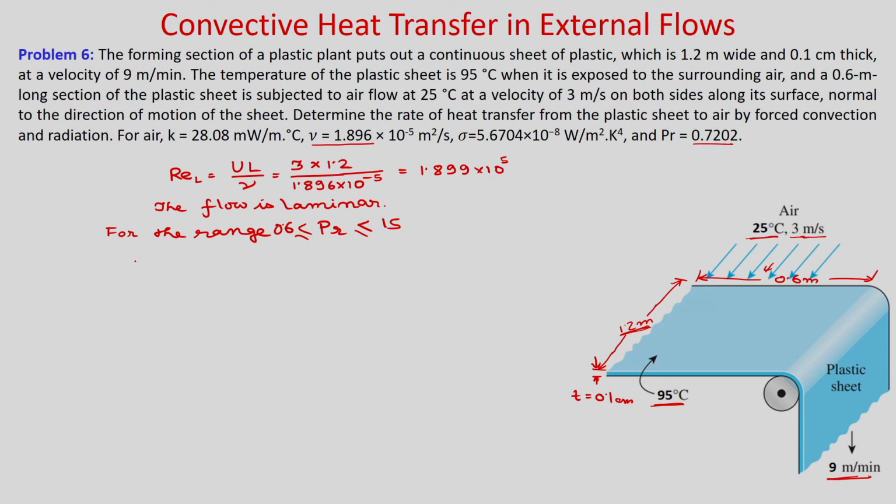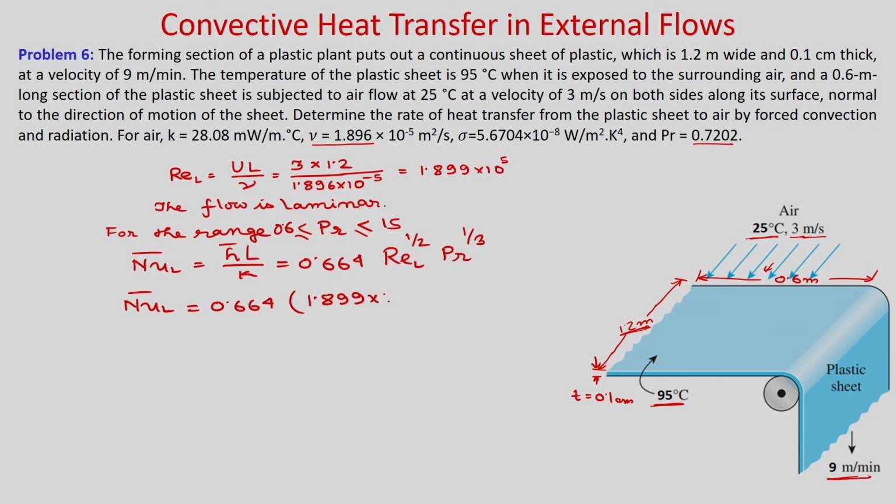So, we can use this average Nusselt number relation as 0.664 Re_L to the power half Prandtl number to the power 1 by 3. From here you will be able to calculate the heat transfer coefficient. Putting the values of Reynolds number and Prandtl number, it will be 0.664, Re_L is 1.899 into 10 to the power 5, to the power half, and Prandtl number to the power 1 by 3. If you calculate it, you will get 259.3.